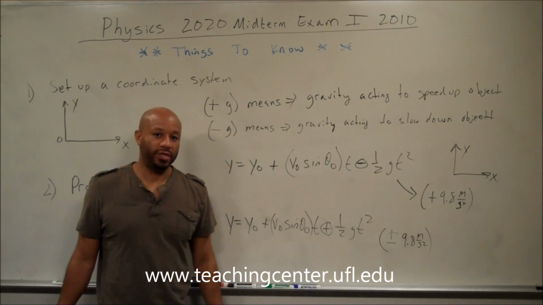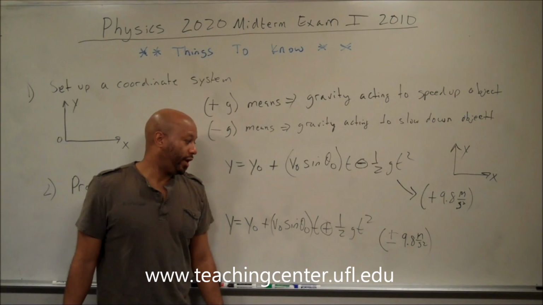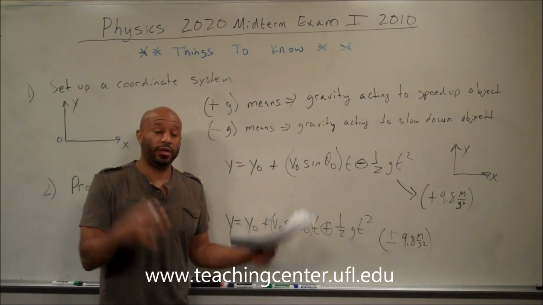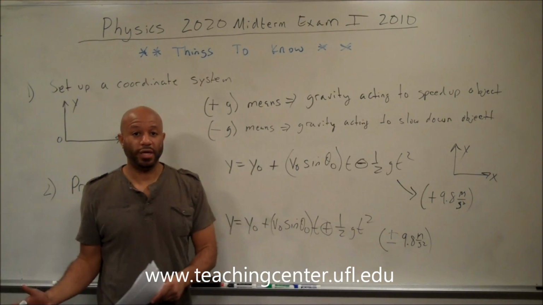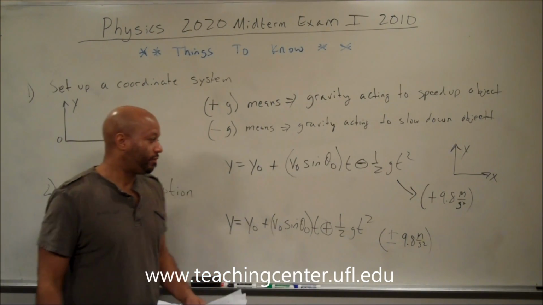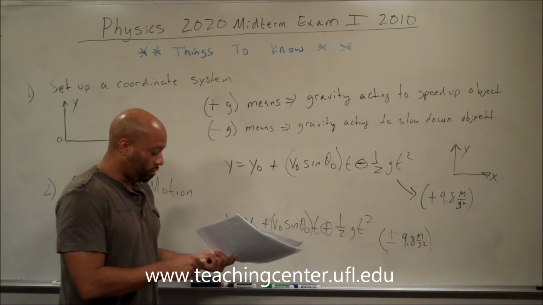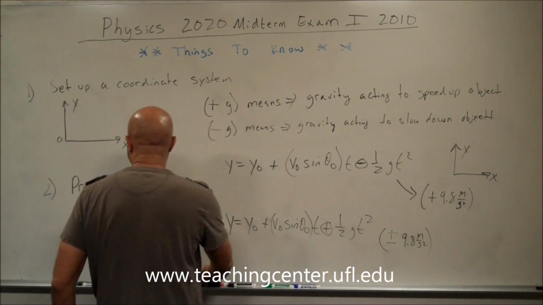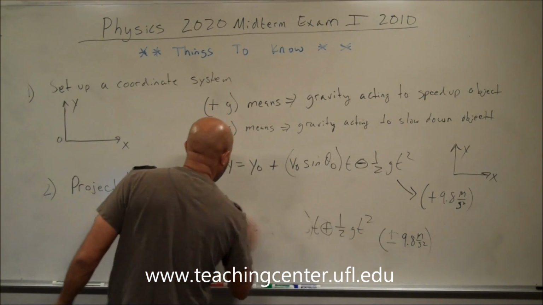If we know that gravity is acting to slow the object down, we want to use negative. If it's acting to speed it up, we want to use positive. All right, so those are just some quick things. We have one more thing I want to go over.